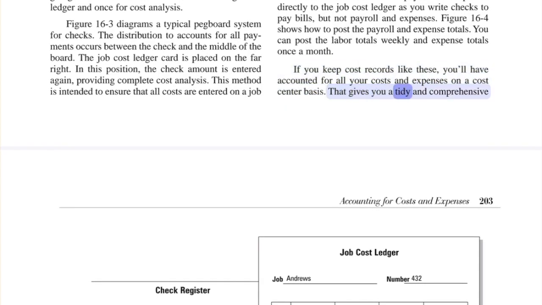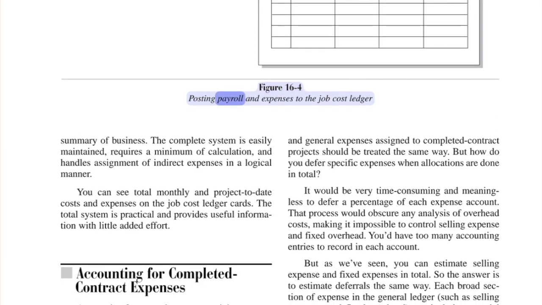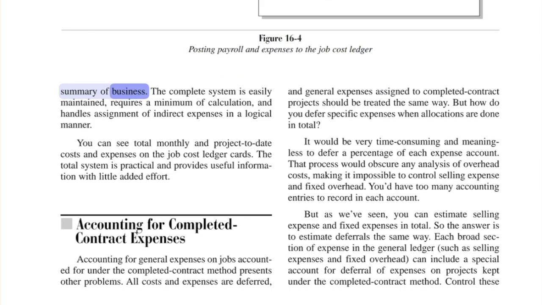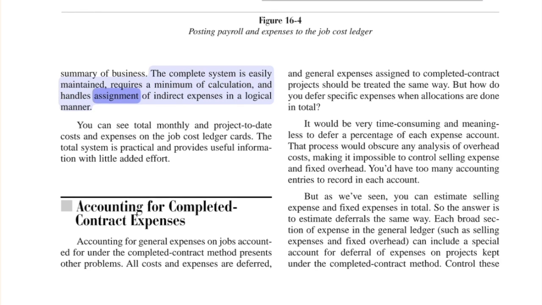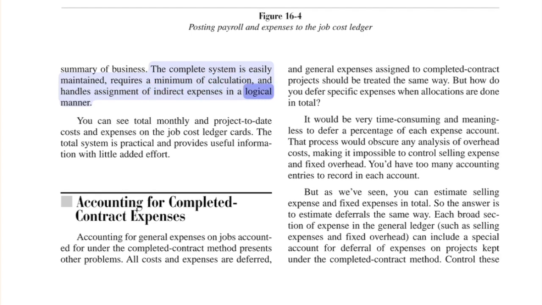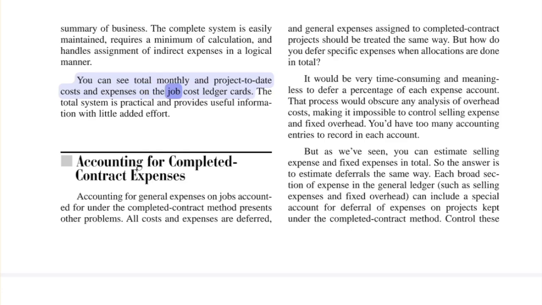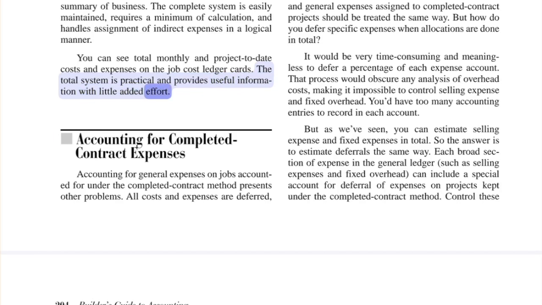That gives you a tidy and comprehensive summary of business. The complete system is easily maintained, requires a minimum of calculation, and handles assignment of indirect expenses in a logical manner. You can see total monthly and project-to-date costs and expenses on the job cost ledger cards. The total system is practical and provides useful information with little added effort.